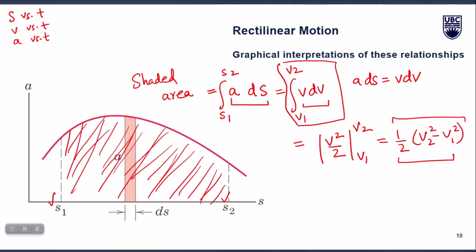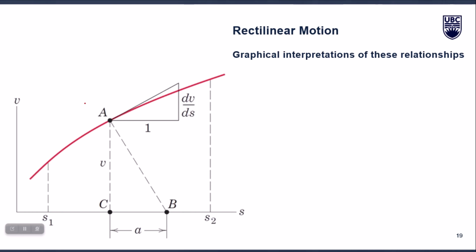Finally, if I give you V as a function of S, now velocity is plotted as a function of displacement, and there is one interesting conclusion which you can draw from here. Let's say that the red line is representing the velocity displacement relationship.